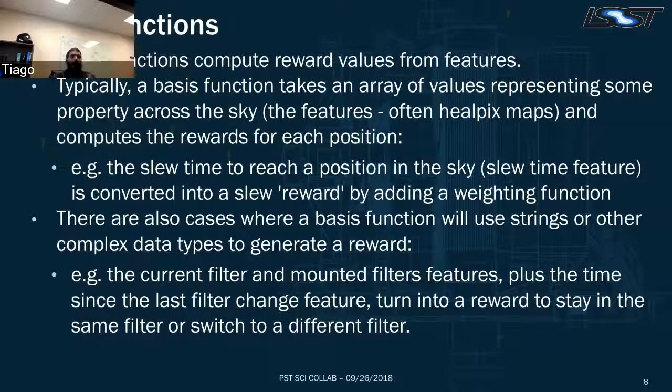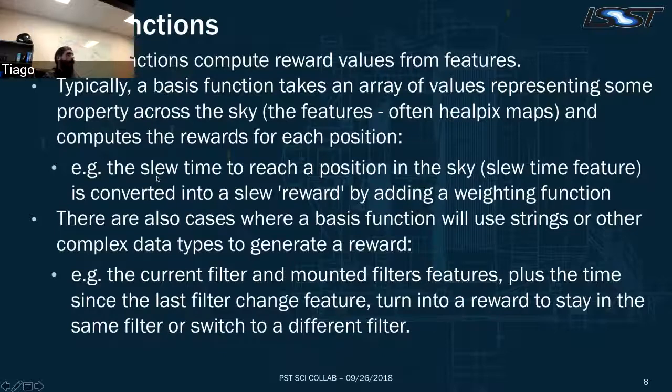Then we are computing the reward to observe a certain part of the sky. But again, it doesn't need to be a map. It can be a float, or a more complex data type, and the basis function can translate that data type using some logic into a reward.